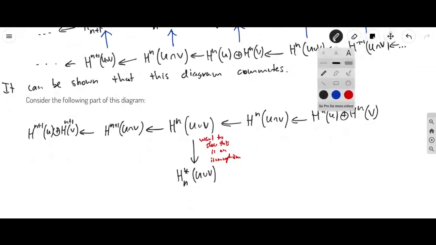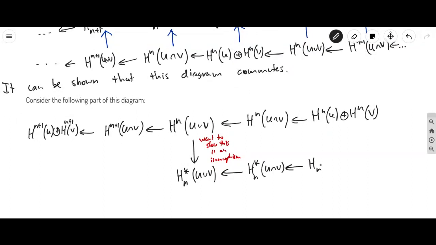And we have the exact same thing with homology: H_n^*(U ∩ V), H_n^*(U) ⊕ H_n^*(V). Of course, you have more arrows, but you do not care. This is the part of the sequence that you actually care about.